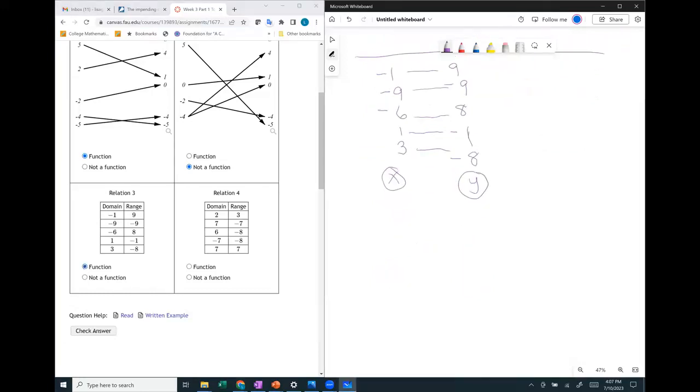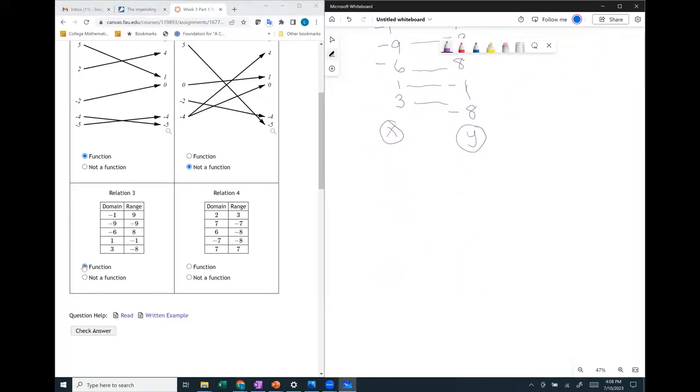Let's see if the next one is a function or not. So again, I have 2, 7, 6, -7. I can't write that last 7. I already have a 7. So that's what I mean by don't duplicate. My Y values, I have 3, -7, -8, and +7. I'm not going to duplicate that -8.